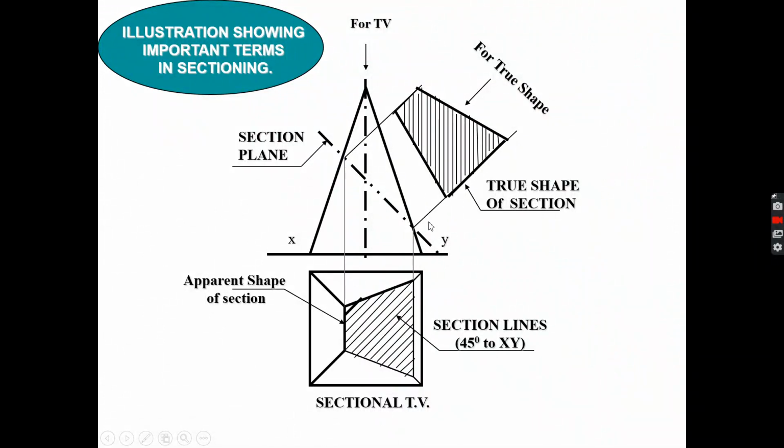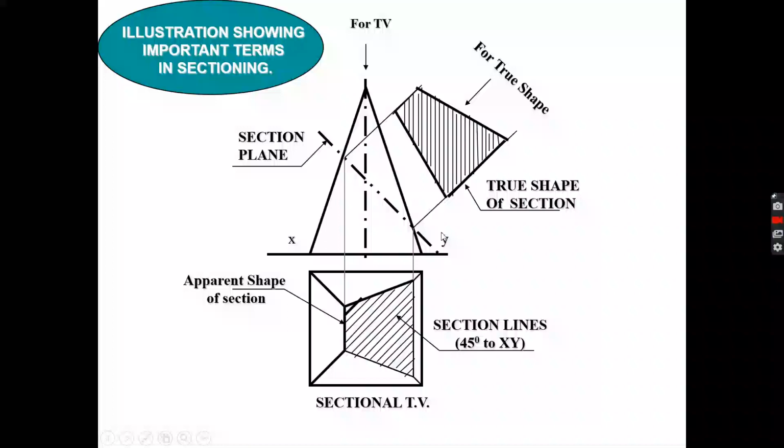Okay, so true shape I already discussed when we were learning the projection of planes. Okay, the same principle I am using here. Suppose this is your solid, you cut it from here, and this is your top view, this is your front view.